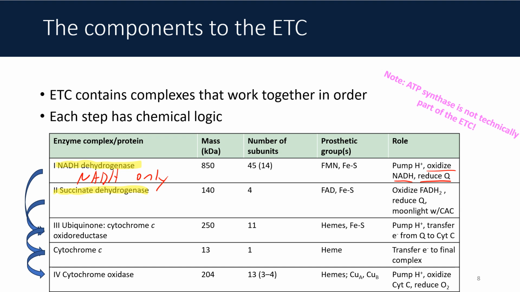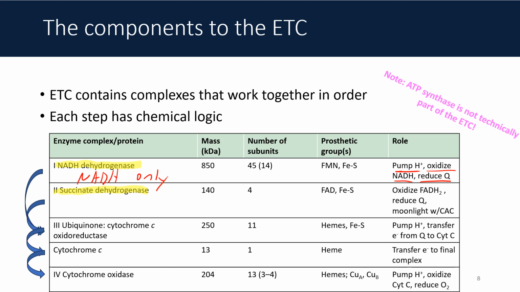And that is what will ultimately ferry the electrons on to the next step of the chain. But more on coenzyme Q later. And while this redox reaction occurs, NADH dehydrogenase will simultaneously pump protons into the intermembrane space. And that is how NADH has its electrons enter the freeway, if you will.